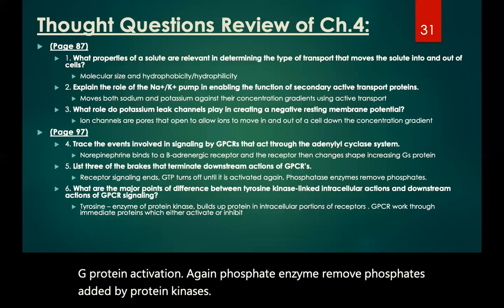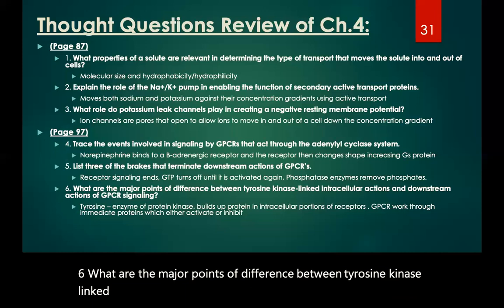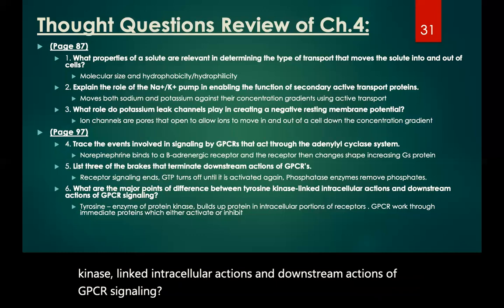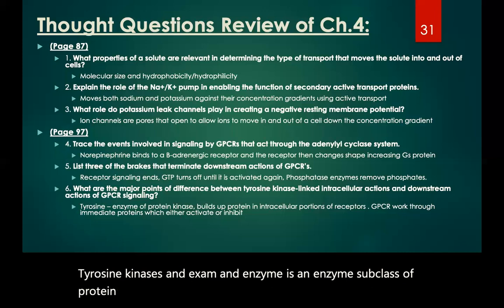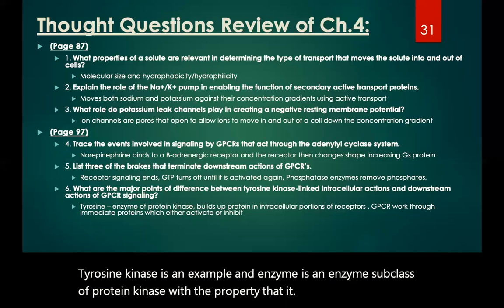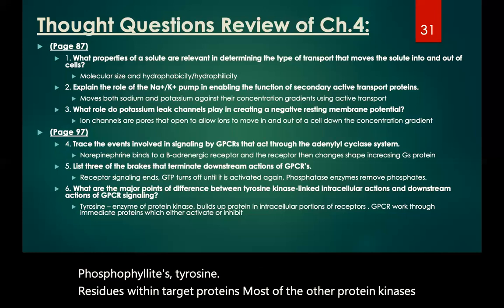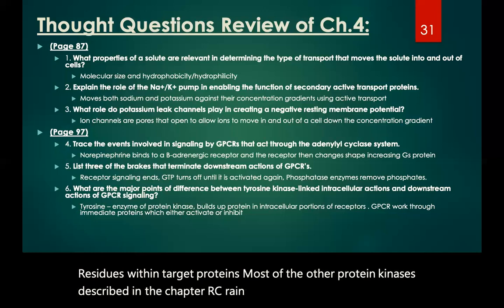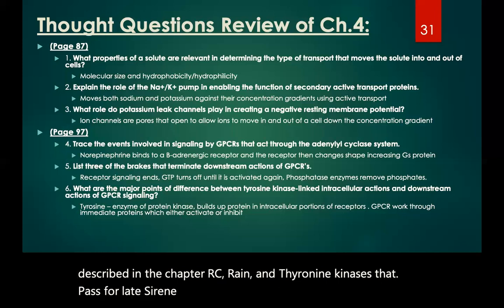Number 6, what are the major points of difference between tyrosine kinase linked intracellular actions and downstream actions of GPCR signaling? Tyrosine kinase is an enzyme subclass of protein kinase with the property that it phosphorylates tyrosine residues within target proteins. Most of the other protein kinases described in the chapter are serine and threonine kinases that phosphorylate serine or threonine residues in target proteins.